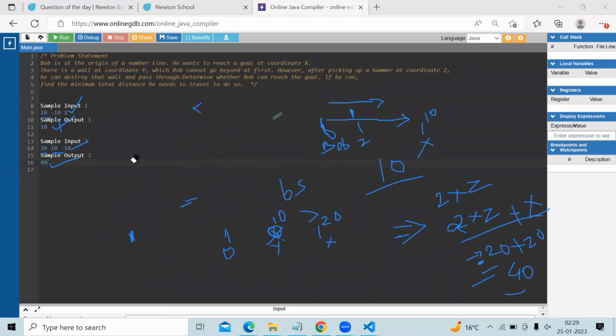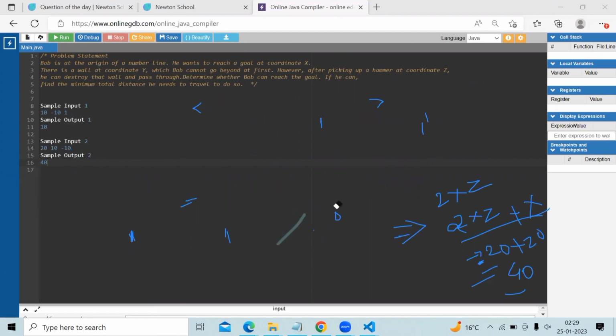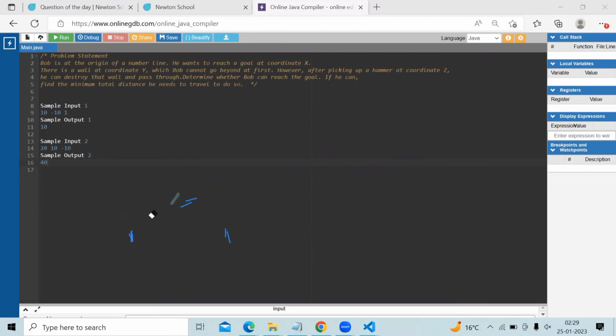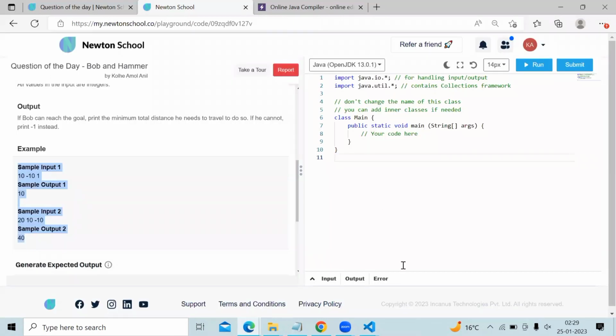Let's try to write the code for this problem. First I'll remove this. Now let's write the code for this problem.